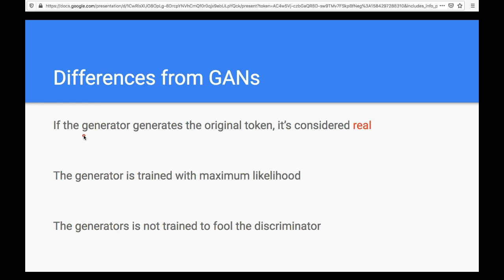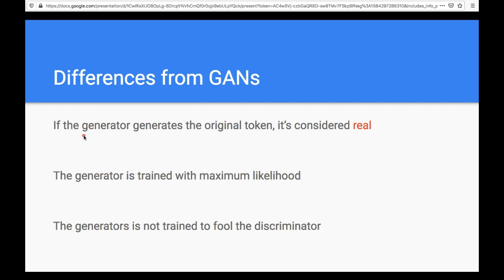Even if you happen to generate a very, very realistic image, it's still not a real image, because it's almost impossible to generate an image where every pixel is the same as the real image.